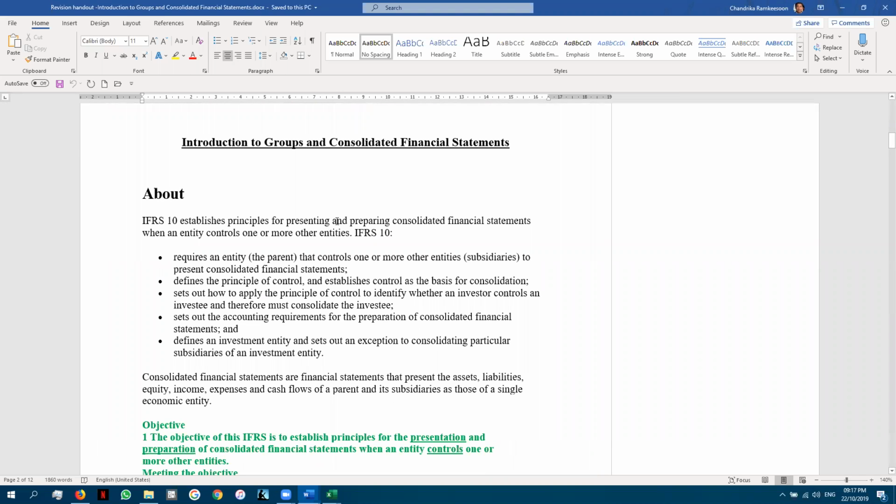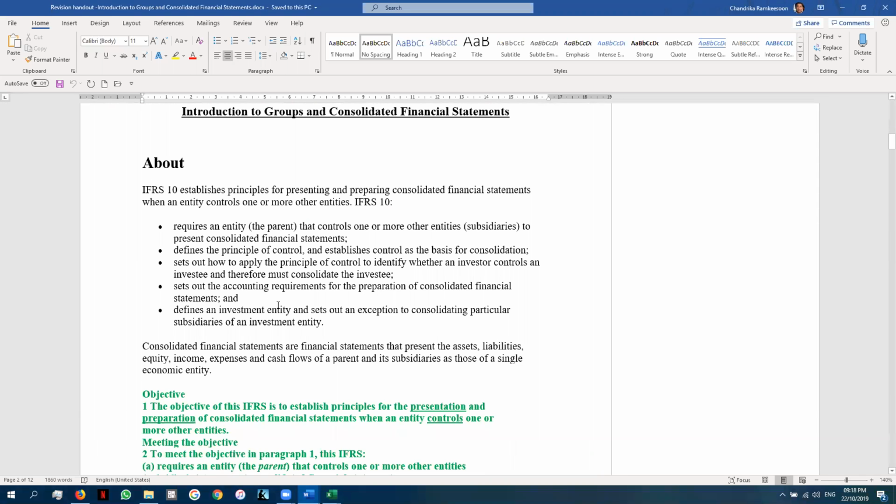IFRS 10 establishes principles for presenting and preparing consolidated financial statements. And this is very, very important because if you'd forgotten, okay, your consolidations from your financial report in F7, these things would come in quite handy. Now, there are just one or two things I need to point out, though, from this handout.